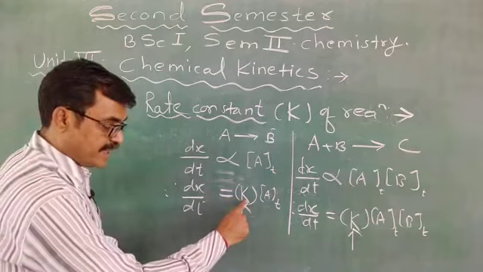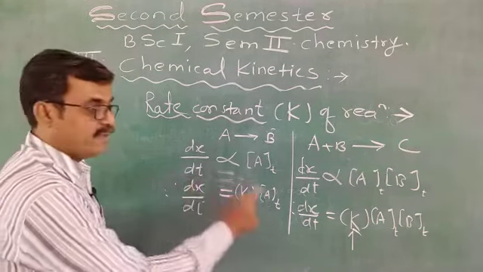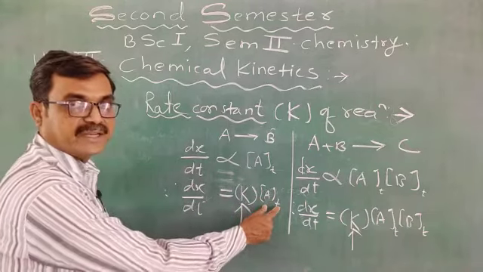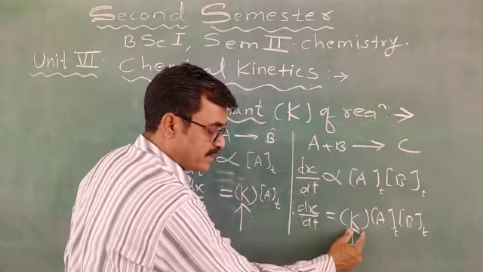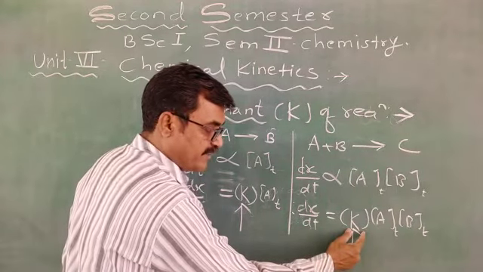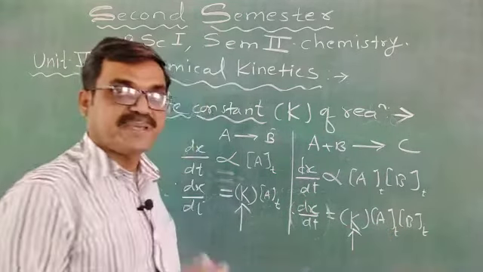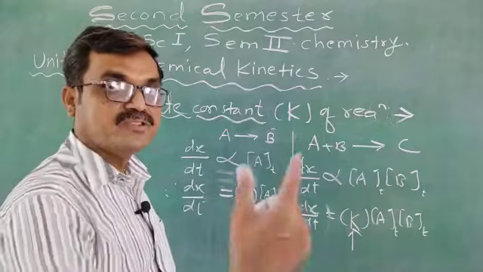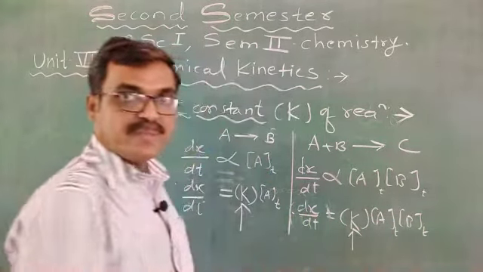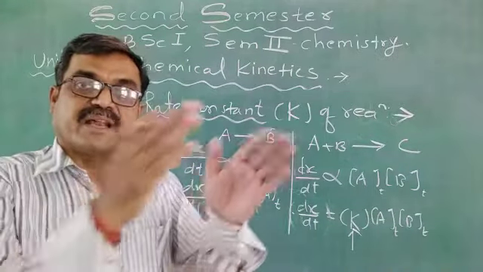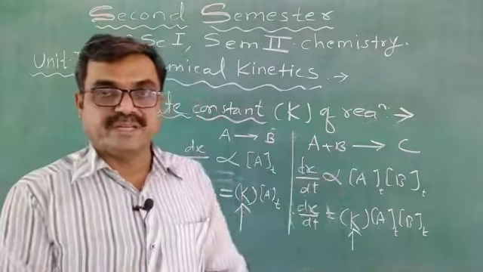The rate constant K of the reaction can be defined as the rate of reaction when the concentration of the reacting species is unity. Both are 1, unity, that's why K equals this much. That is, the rate constant of the reaction is the rate when the concentration of the reactant is unity.